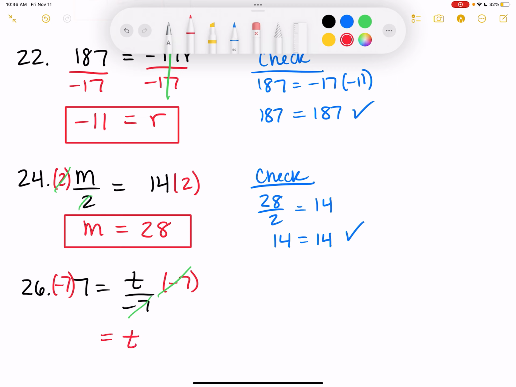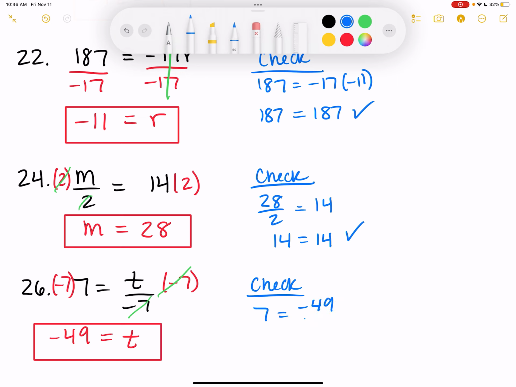Negative 49. And to check it, you've got 7 equals negative 49 divided by negative 7. Negative 49 divided by negative 7 would be? 7. So 7 equals 7. Sounds good.